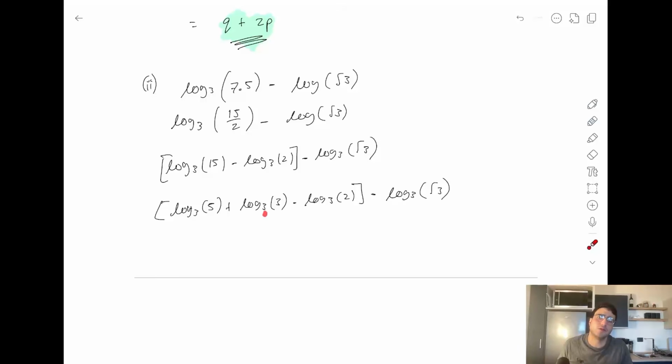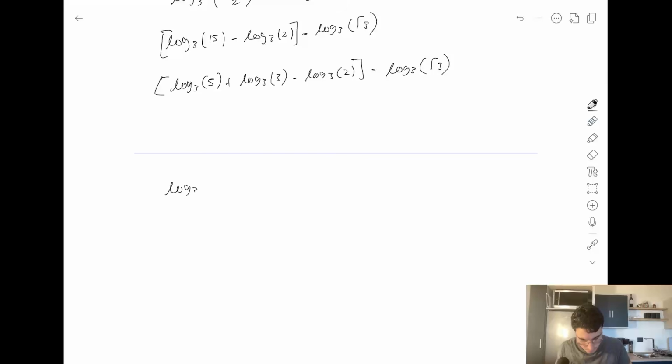What power must 3 be raised to get to 3? Well, that's 1. So, log base 3 of 5 plus 1 minus log base 3 of 2 minus, and the question here is, well, what is root 3? Well, root 3 is equal to 3 to the power of a half, which tells me that we have log base 3 of 3 to the power half, and this can be brought down.